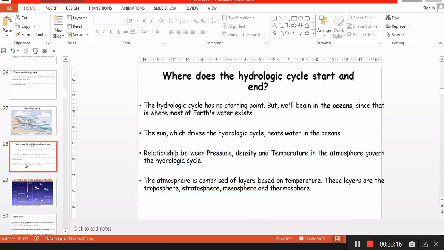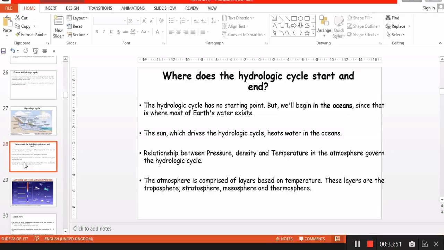You see, this is a very good question. You can expect this for your examination, not exactly like this, but similar to this. Where does the hydrologic cycle start and end? It's a very nice question, and it has to be answered systematically. There are points for your reference. The hydrologic cycle has no starting point, but we will begin in the oceans since that is where most of Earth's water exists.